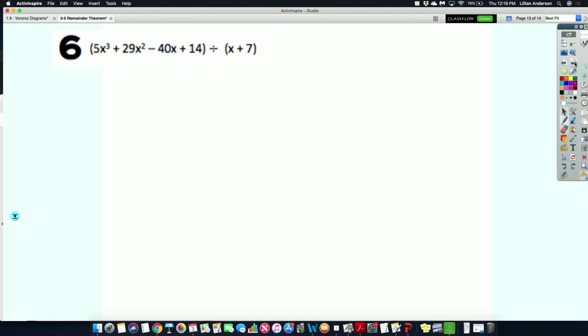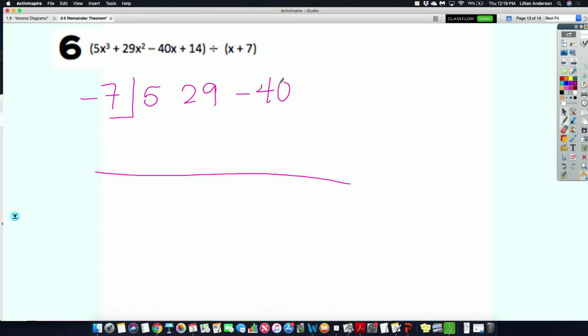Look at the next one. What goes in my backwards L? And beside the backwards L go my coefficients, which are 5, 29, negative 40, 14. I wasn't missing any terms, was I? No. And remember, anytime you miss a term, you need to plug in a 0.